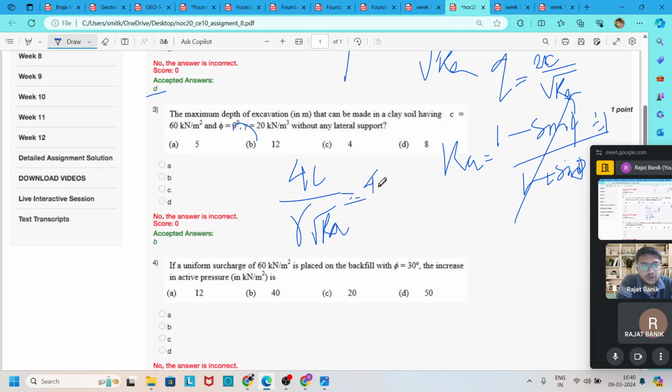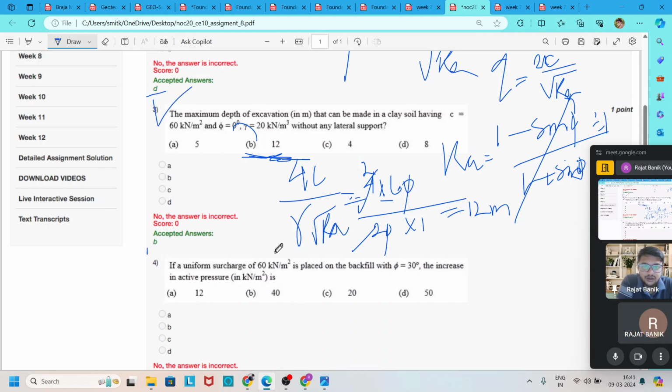We put all the values: 4 into 60 divided by gamma, here 20, into 1. So the answer is 12 meter. In this soil condition, we can excavate a maximum depth of 12 meter. So our correct option is option B, that is 12 meter.